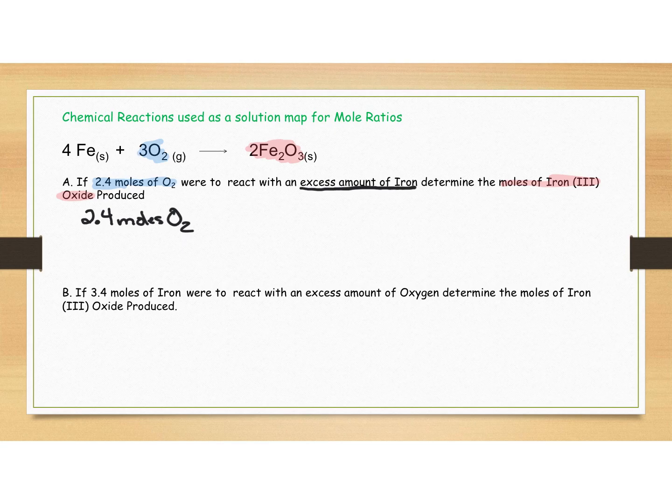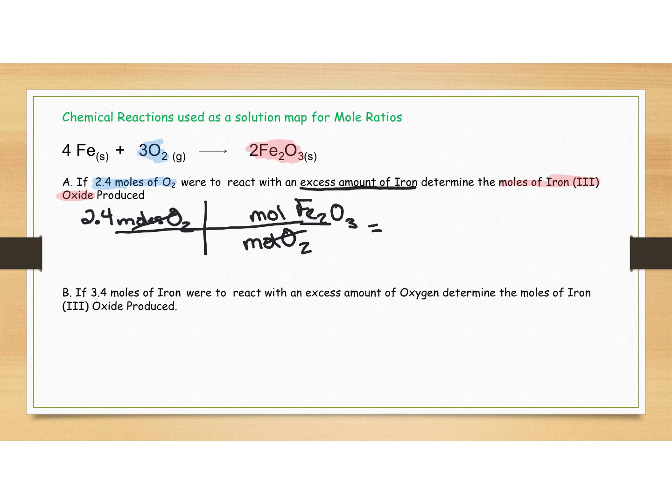So in this particular problem, I'm asking you to convert from moles of O2 to moles of iron 3 oxide. We would set this up like a dimensional analysis problem, where I put moles of O2 in the bottom because I want to get rid of that, and I'm going to put moles of iron 3 oxide, Fe2O3, in the top.